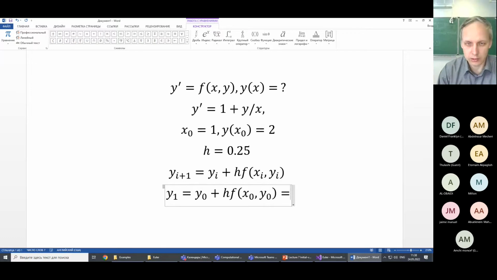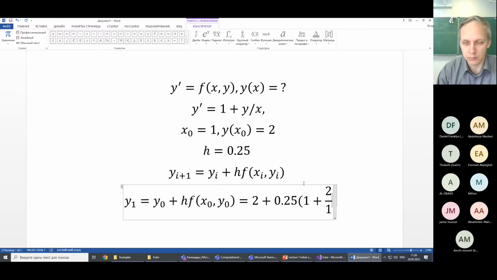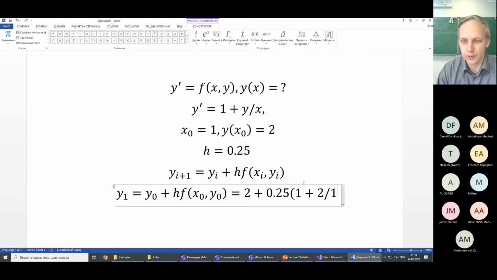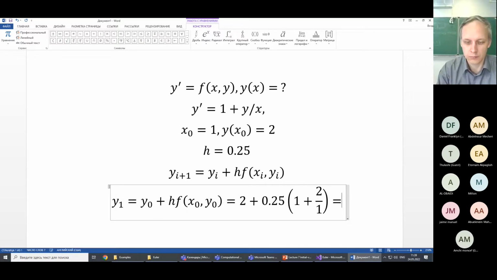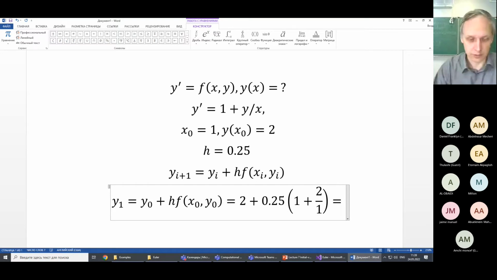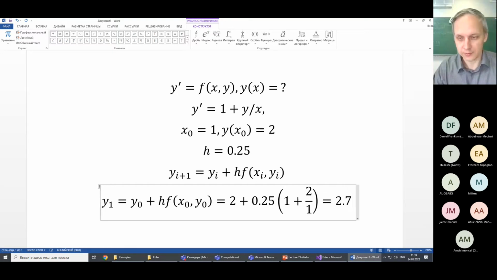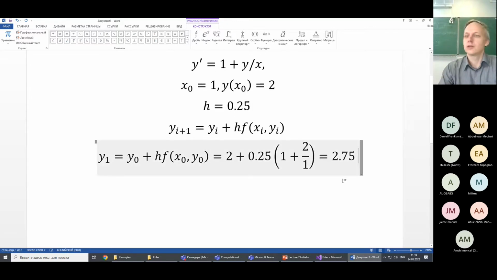In our case, y1 equals 2 plus 0.25 times 1 plus 2 over 1, which equals 2 plus 0.75, which is 2.75. Right. The value of y1 equals 2.75.